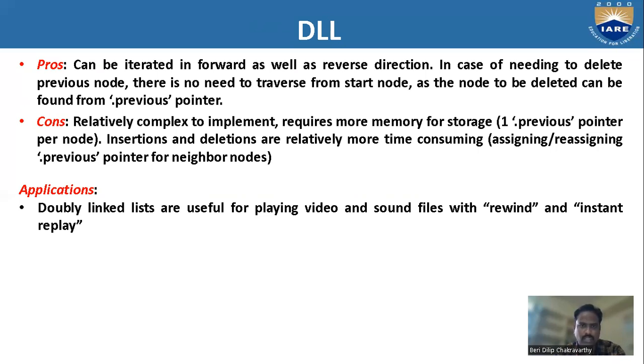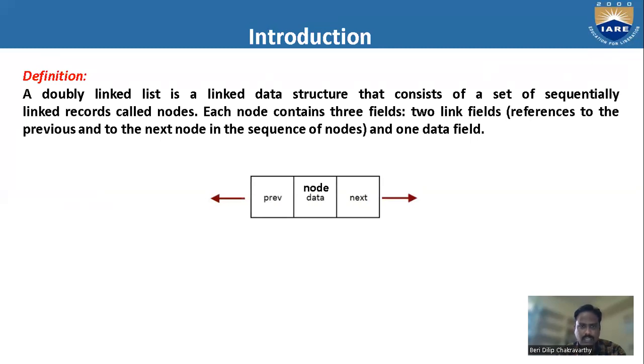For using this rewind option we require a double linked list, where we move in both directions, forward as well as backward. The main application is implementing the double linked list in playing any video or sound files.